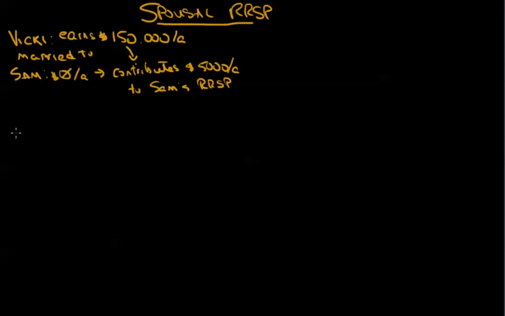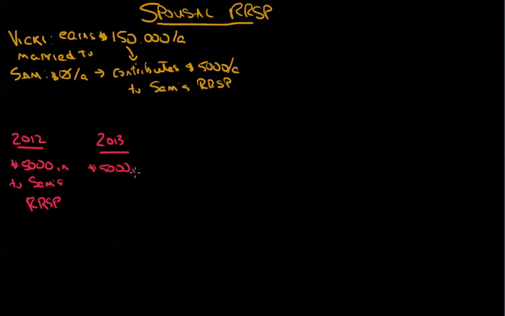So let's say we go through a number of years here. In 2012, Vicky puts $5,000 in to Sam's RRSP. And in 2013, she does the same thing, another $5,000 in to Sam's RRSP.